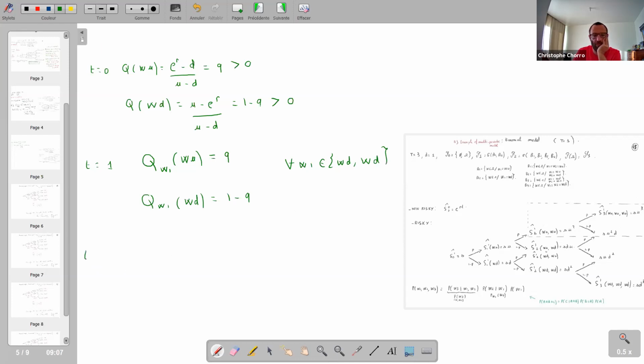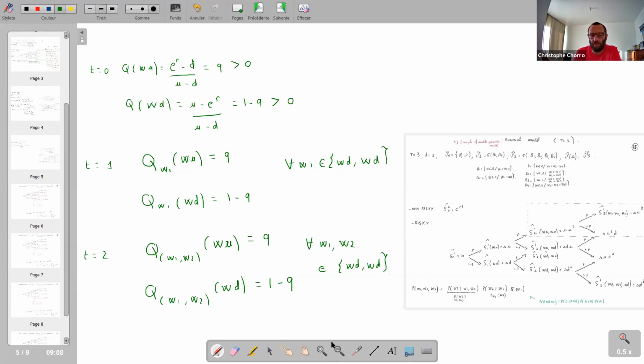And if you do the job for t equal to 2, you obtain that Q of (ω1, ω2, ωU) is equal to q, and Q of (ω1, ω2, ωD) is equal to 1 minus q, for all ω1 and ω2 belonging to {ωD, ωU}.